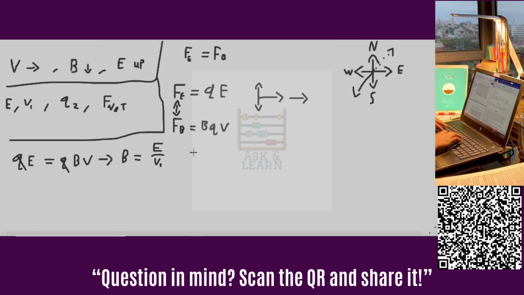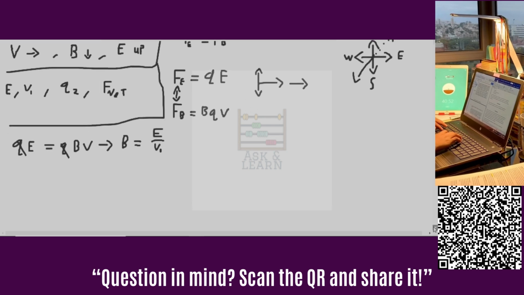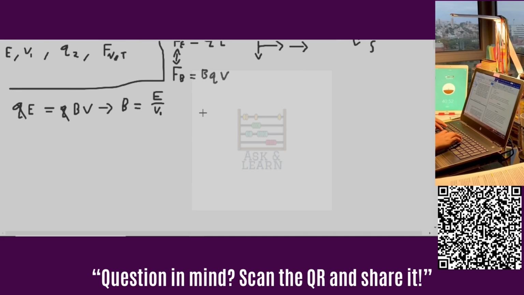So now we need to do some more physics for the second part. We have Q2, the charge, and we have the magnetic field. We do not have the velocity, that's what we're trying to find, and we don't have the force of the magnetic field. We have this net force. The net force we can write in the language of math.